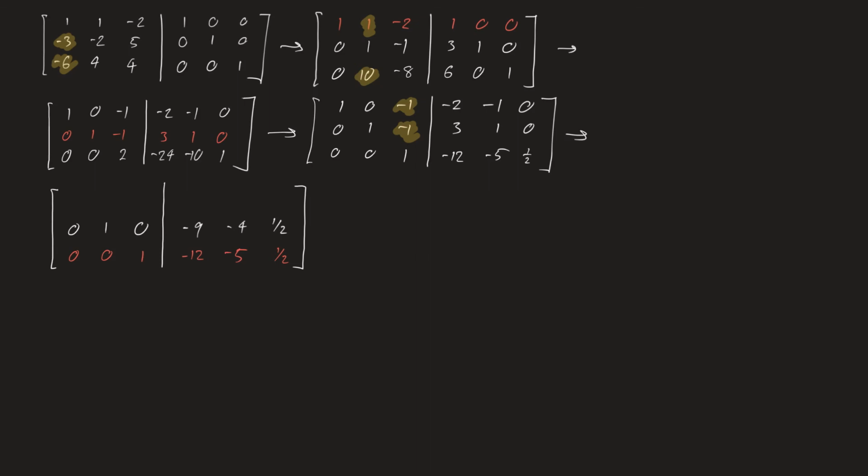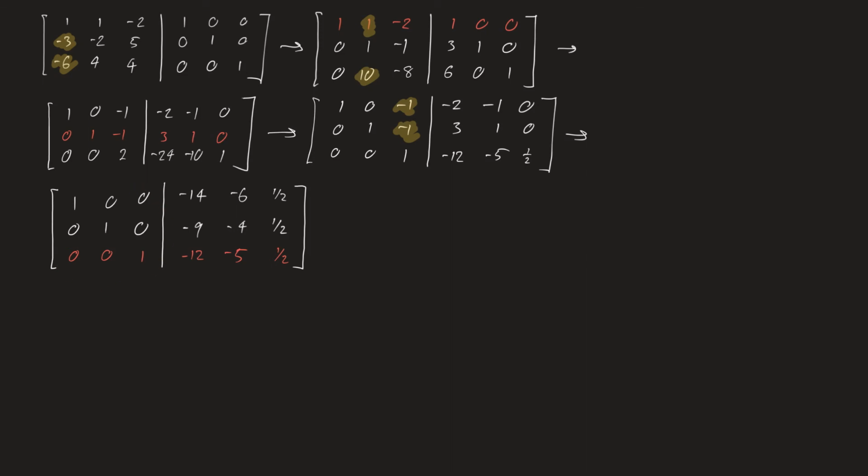So this is a 1, this is a 0, 1 and negative 1 is a 0, negative 12 plus negative 2 is a negative 14. Negative 5 and negative 1, that's a negative 6. And 1/2 and 0, that's a 1/2. And that's it. We're at our stopping point because there is our identity matrix.